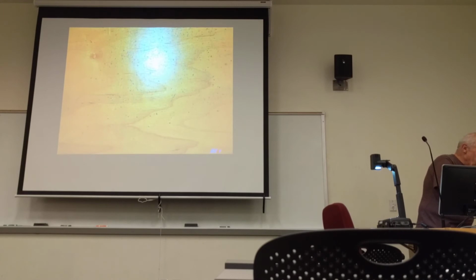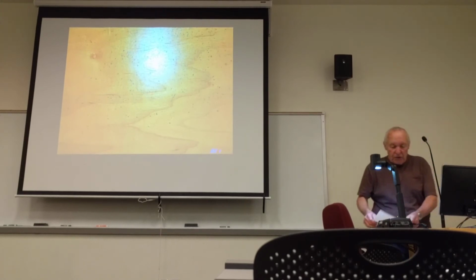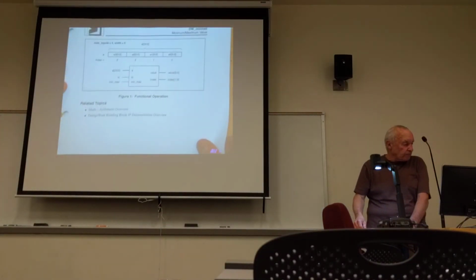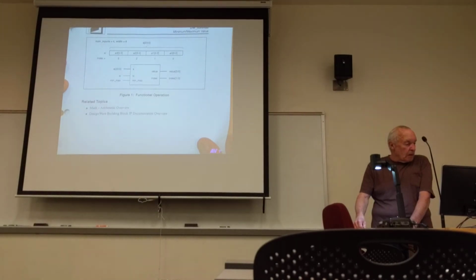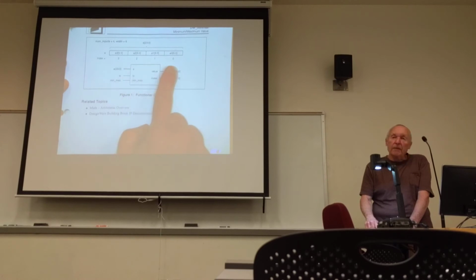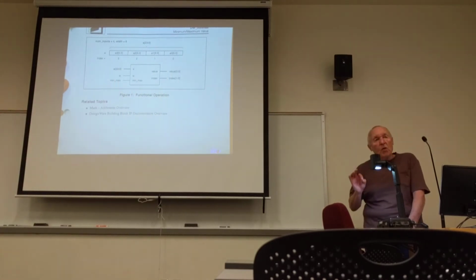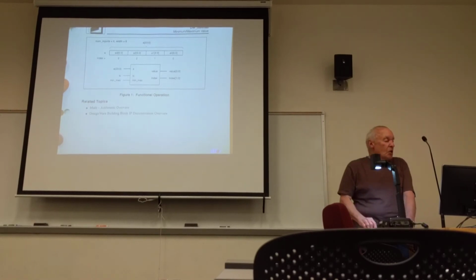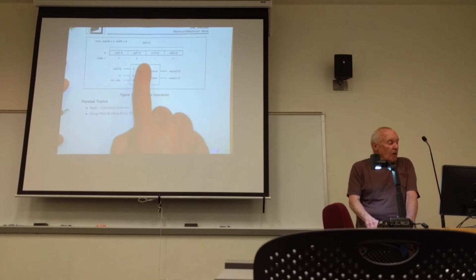So here is a simple example to illustrate how this works. Let's suppose I have a vector that's got 4 components in it, index 0, 1, 2, and 3. And each one is 6 bits wide. So the total input will be 4 times 6, or 24 bits.